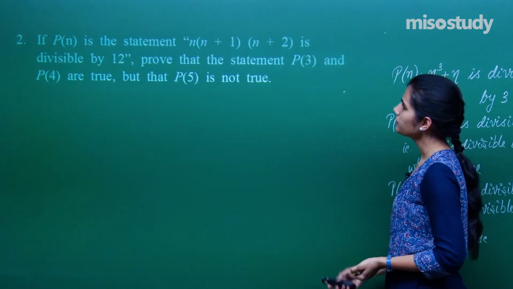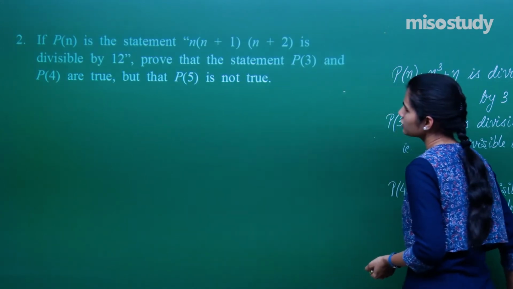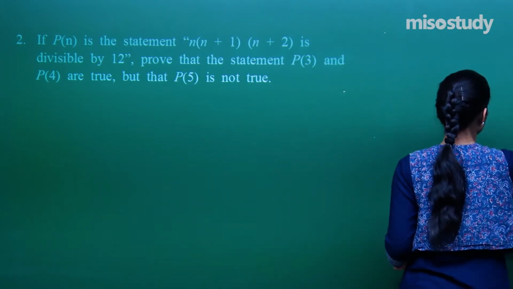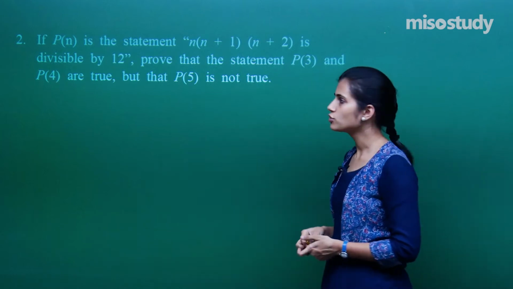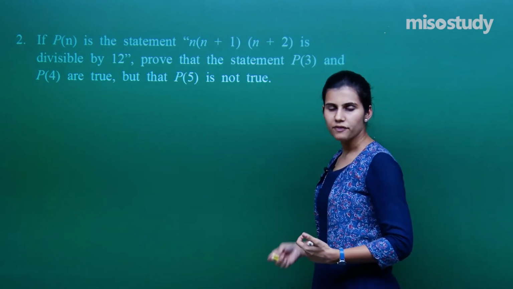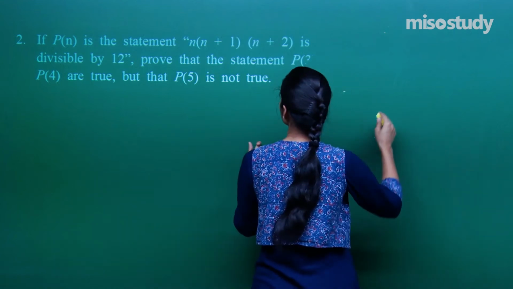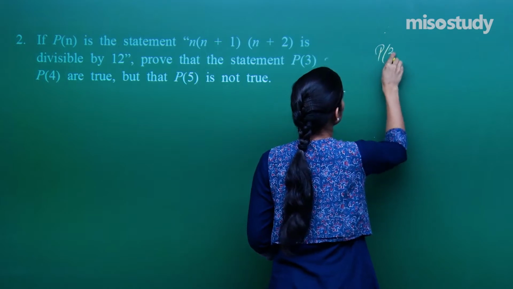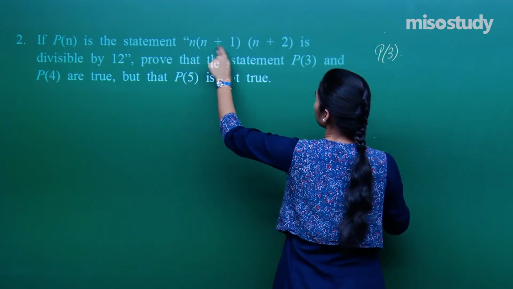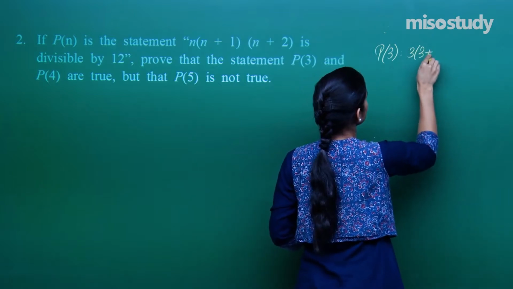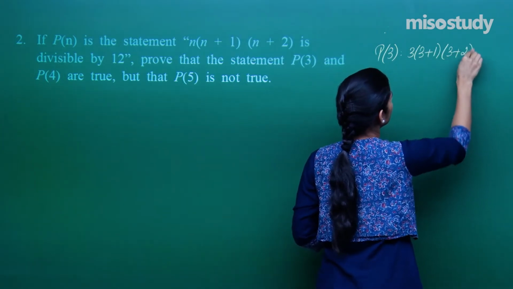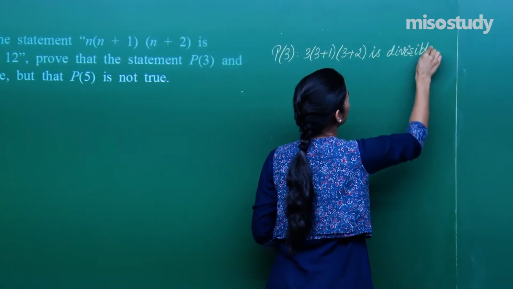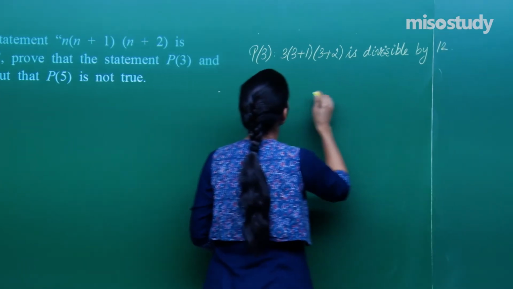Moving to the next, we have Pn is representing this given statement. Prove that P3 and P4 are true, but P5 is not true. So already we know what we are supposed to show. P3 and P4 we have to show, verify, justify that that is true, and P5 is not true. Pn is n into n plus 1, n plus 2 is divisible by 12. If I talk about P3, it is 3 into 3 plus 1 into 3 plus 2 is divisible by 12.